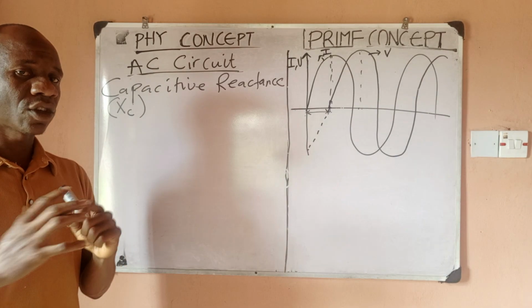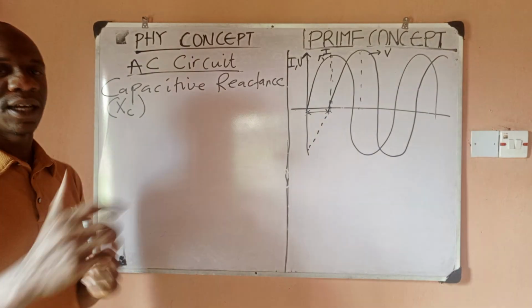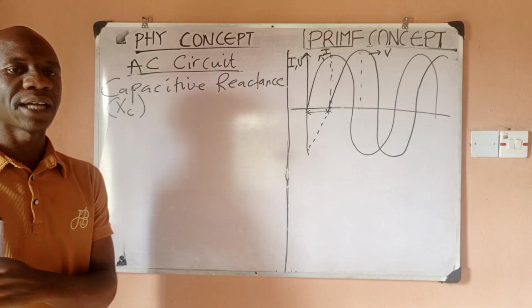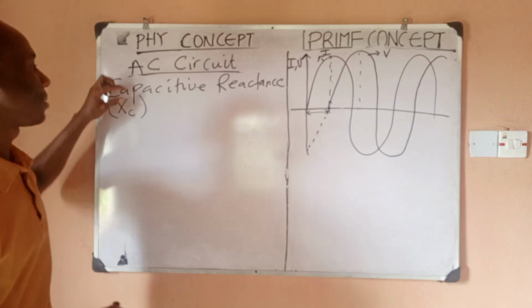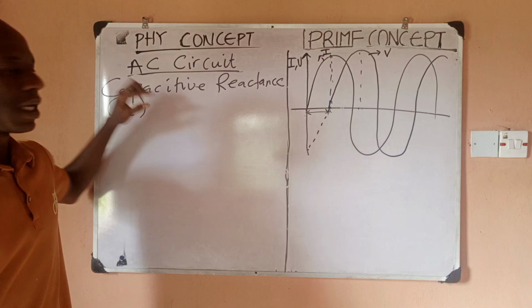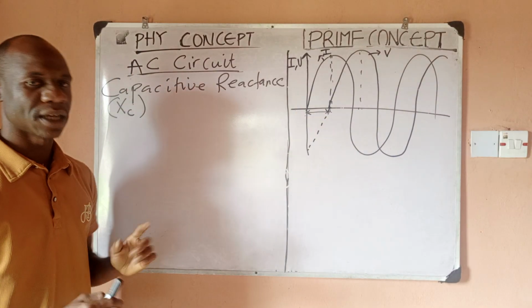In short, capacitive reactance is actually resistance, but it is not the normal resistance, it is the resistance offered by a capacitor. That is why we call it capacitive reactance. I hope that is clear to us.